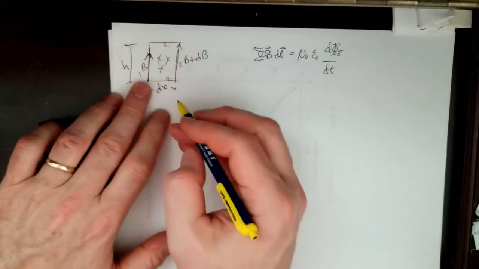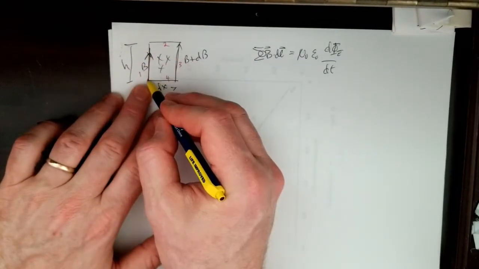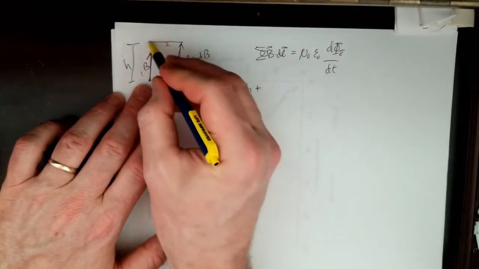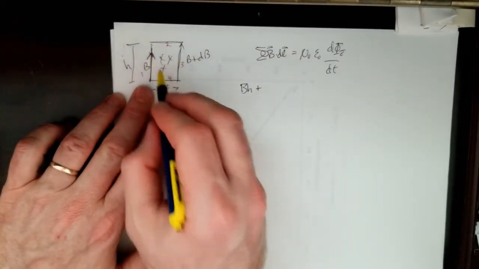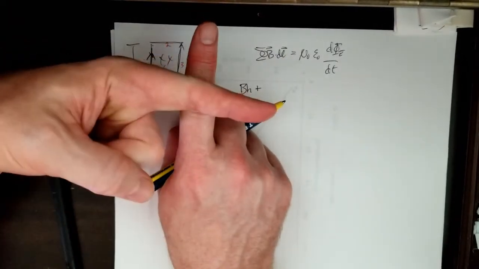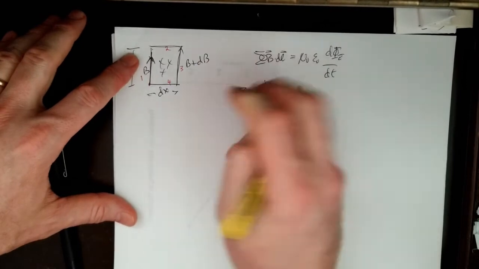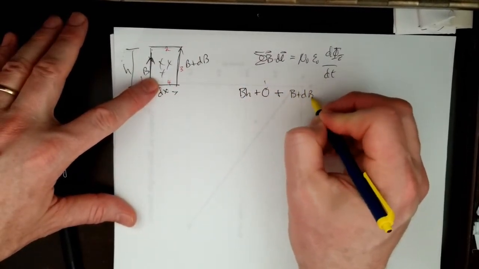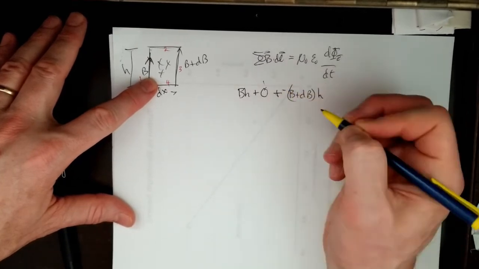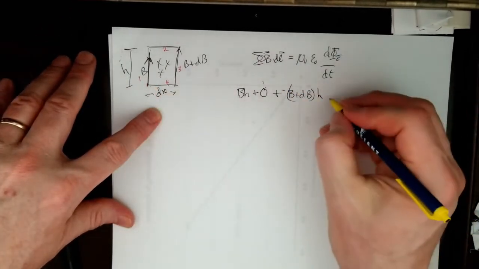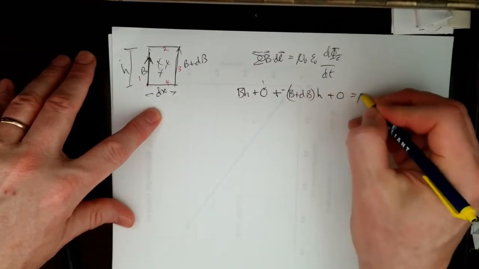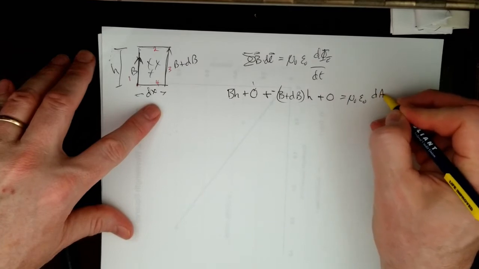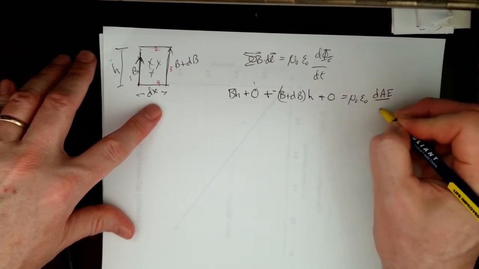For 1, I'm going in the same direction as my magnetic field, so this is BH. Here, the dot product is 0 because my magnetic field is up and dl is that way. Here, I'm going in the opposite direction, so this is B plus dB times H, and then negative because they're in opposite directions, and then 4 plus 0 is equal to mu naught epsilon naught times d area times the electric field dt.